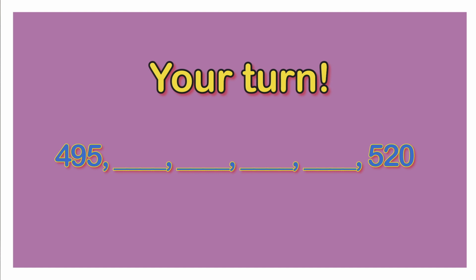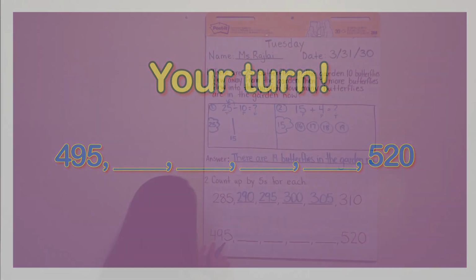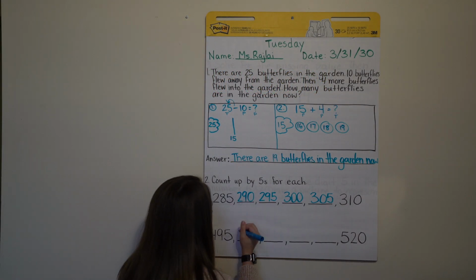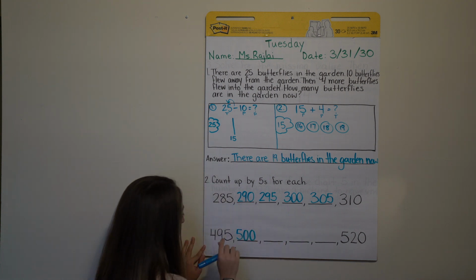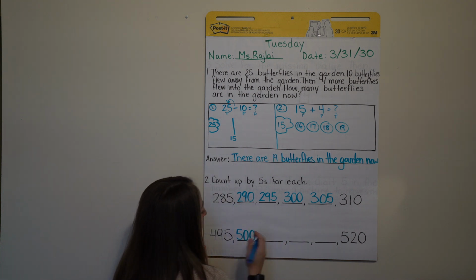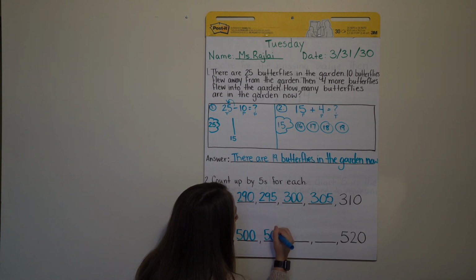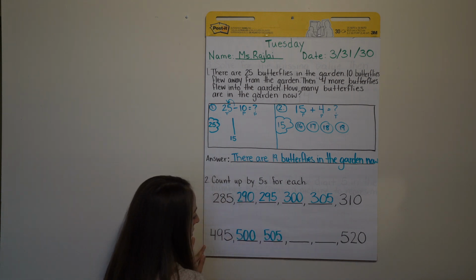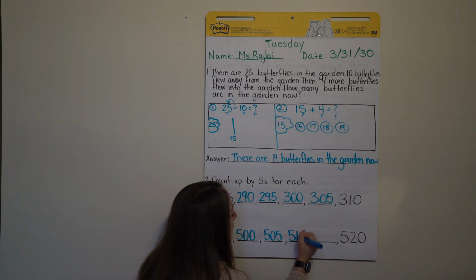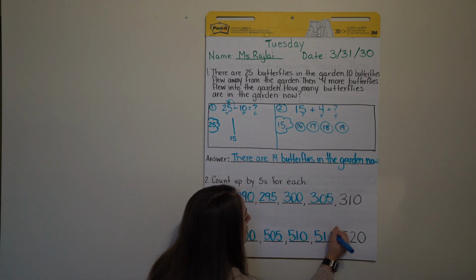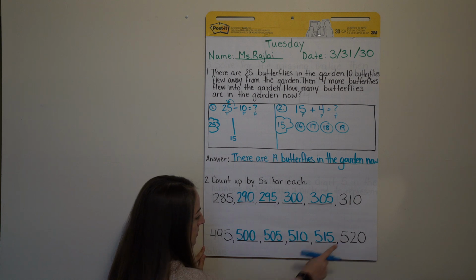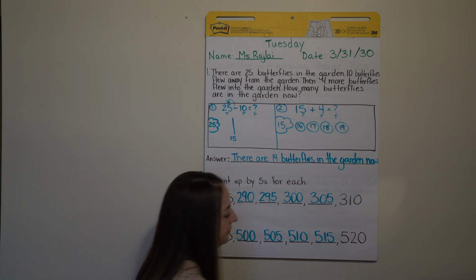All right, so I'm getting pretty close to that next 100. 495, 500. And that's because I'm counting by 5s. 505, 510, 515, and the last number is 520.